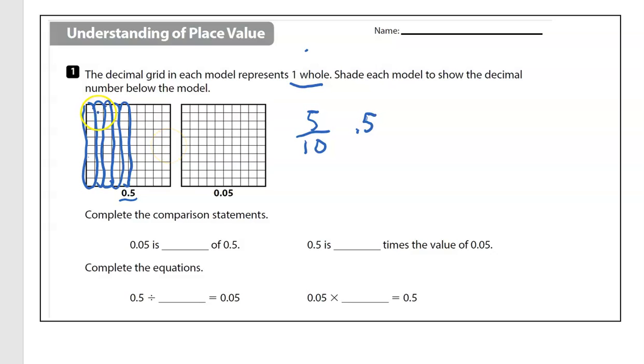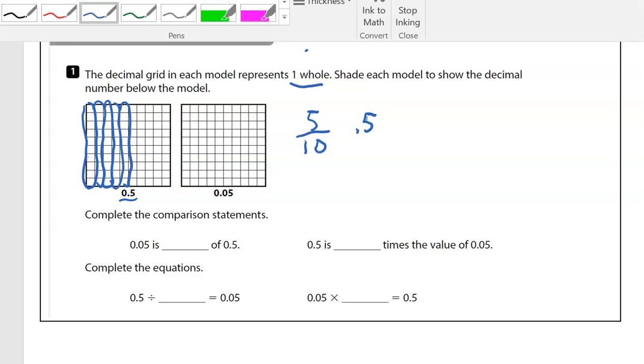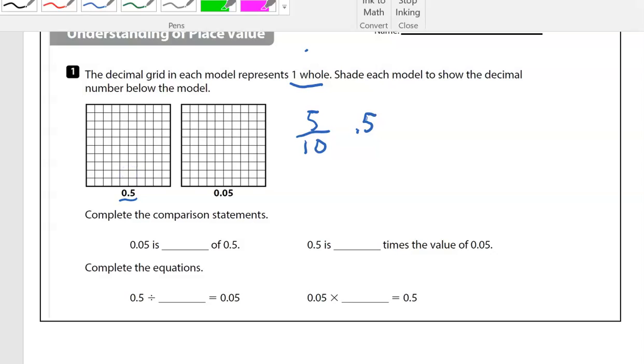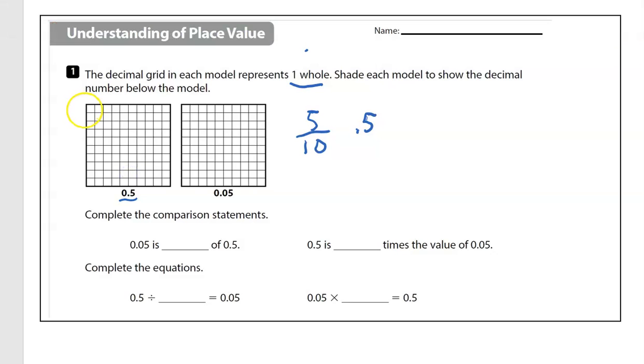And I've just circled 5 of those 10 columns, and that would be 5/10. So in order to show that, I would just highlight that. So this is what we would do. You would just highlight that in. I'll take these off. And we'll highlight 5/10. So 1 row, 2, 3, 4, and 5. That's how you would show 5/10.